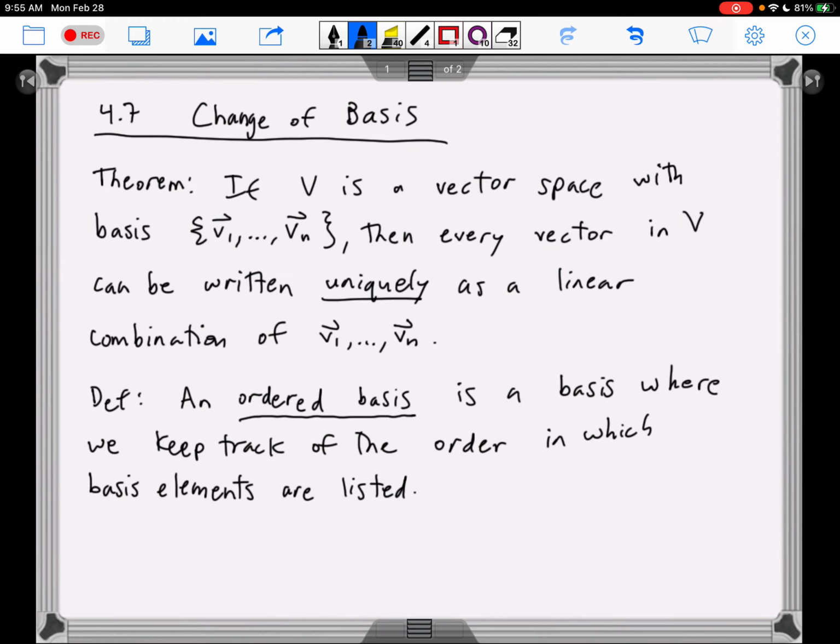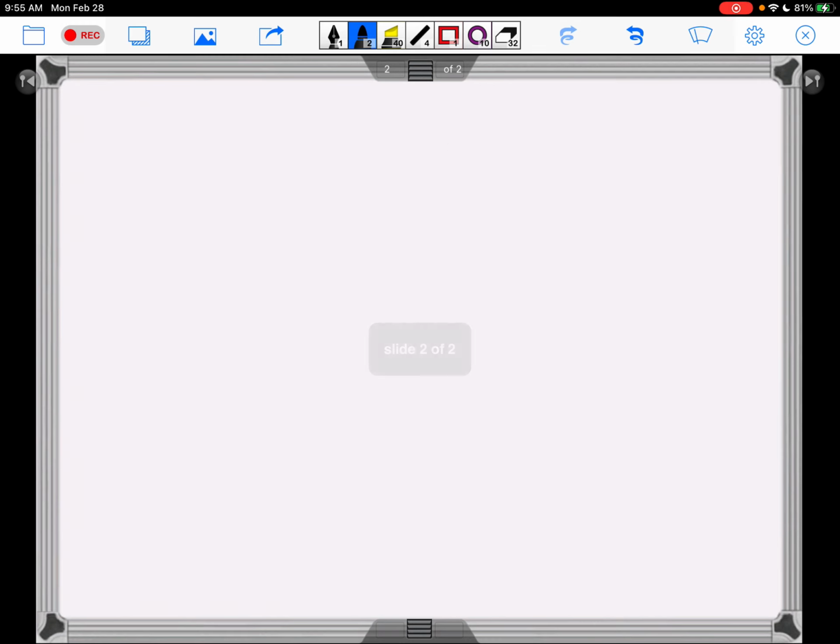Okay, so we need another definition here. Let me back up a bit. Let V be a vector space.